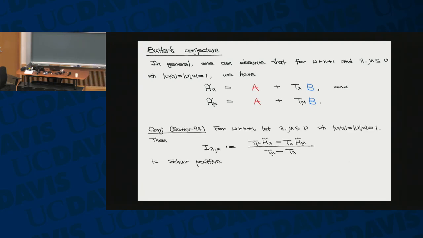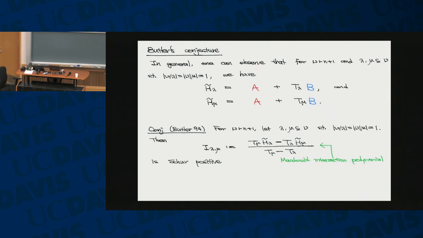So Butler actually conjectured that this A part can be obtained by a divided difference, and I'll denote it by I lambda mu, and this I lambda mu is actually Schur positive. I will call this I lambda mu a Macdonald intersection polynomial.